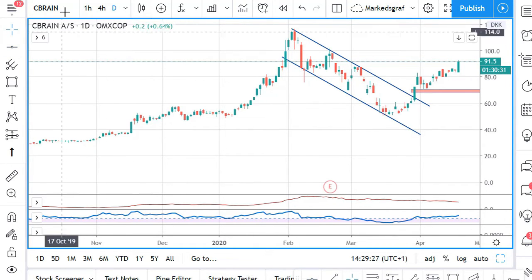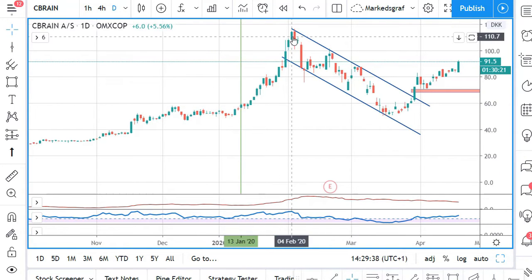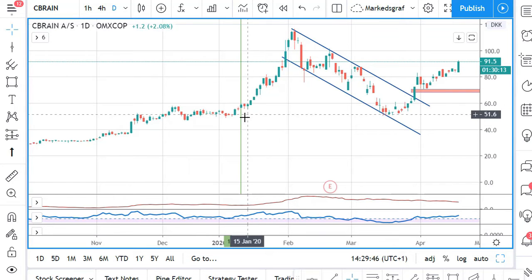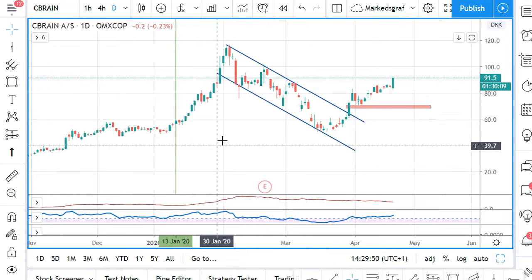Meaning that if, for instance, you get in, let's just say that you get in right here into Cbrain. Now, this one went well, but if it had turned against you and you don't have any clue as to where you want to get out, then you can be in for some really tough damage on your account.